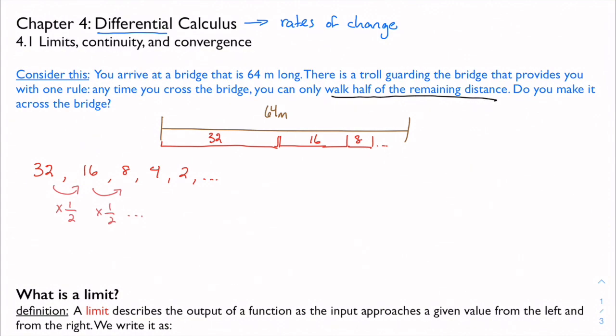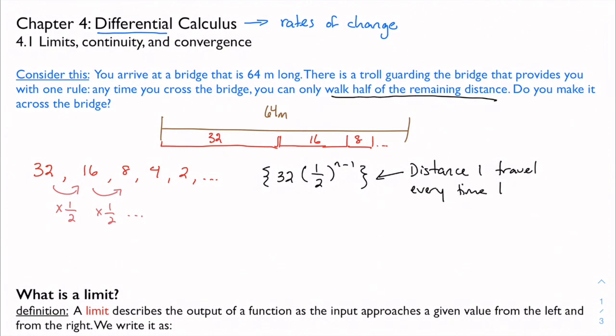Based on the data I have here, 32 is my first term times my common ratio to the n minus 1. And this sequence models the distance that I travel every time I cross the bridge.